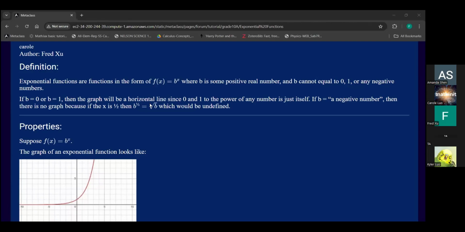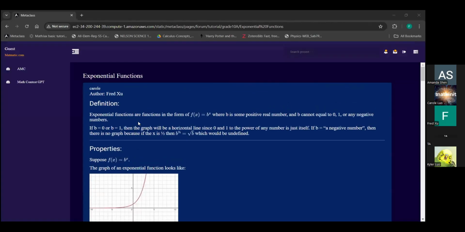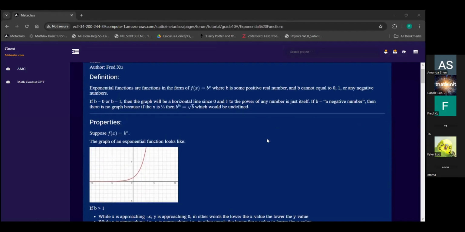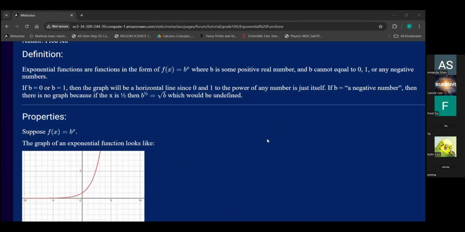So today I'll be teaching about exponential functions. What are exponential functions?